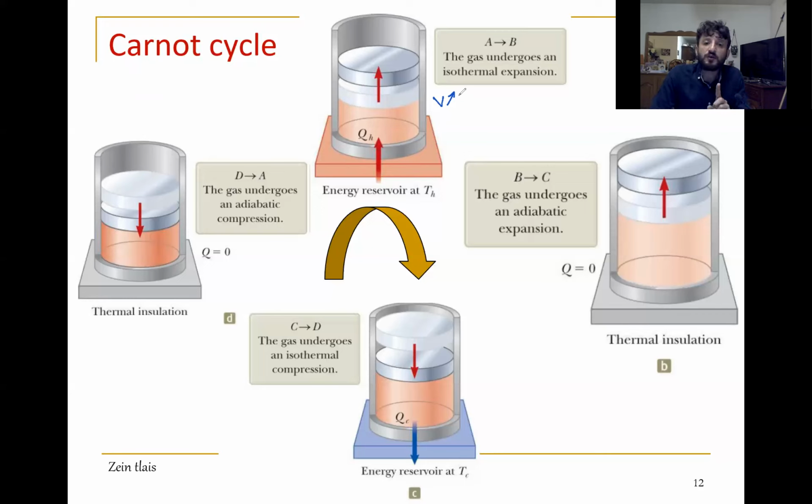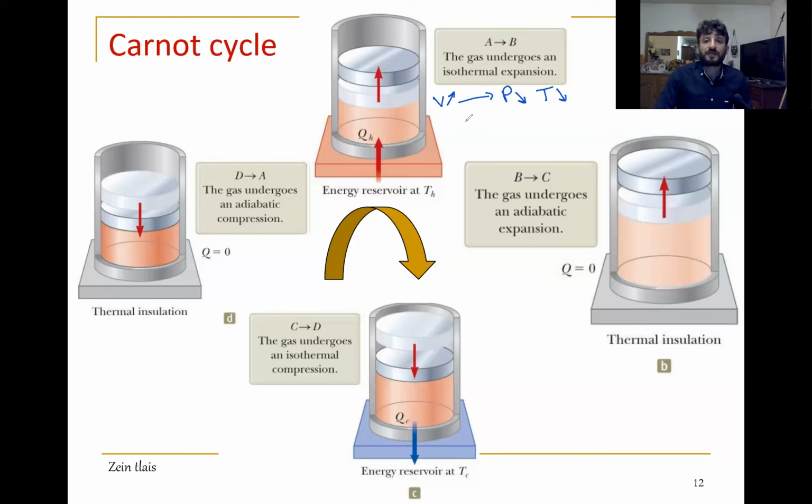Because when we increase the volume, in general, the pressure decreases and the temperature decreases, because PV equals nRT. If we increase the volume, the temperature decreases.